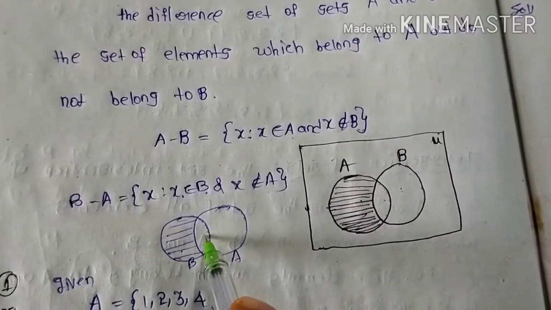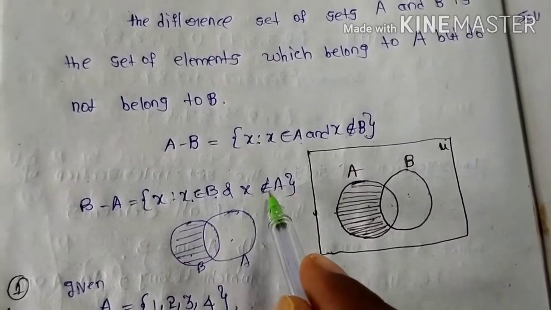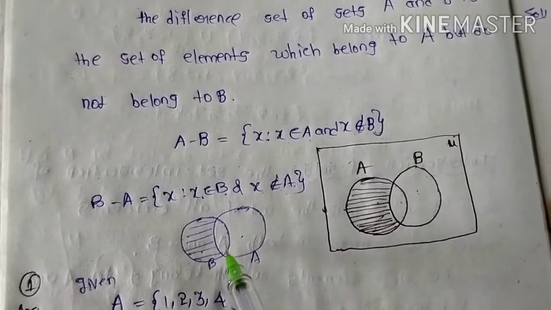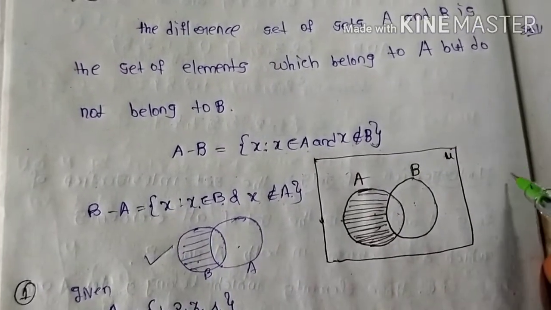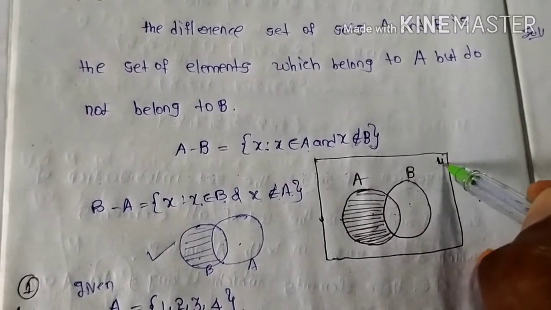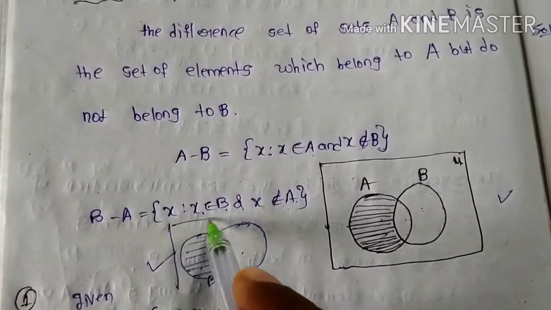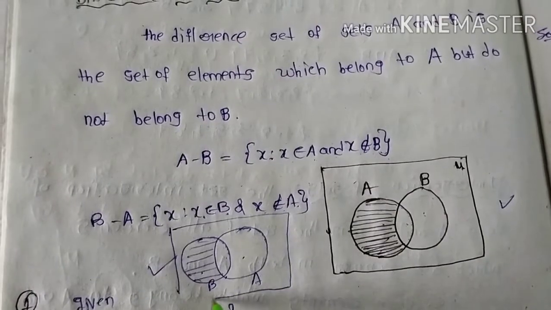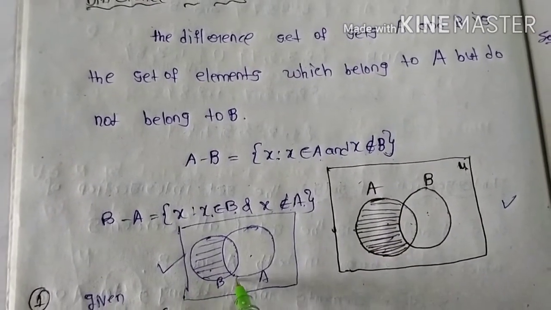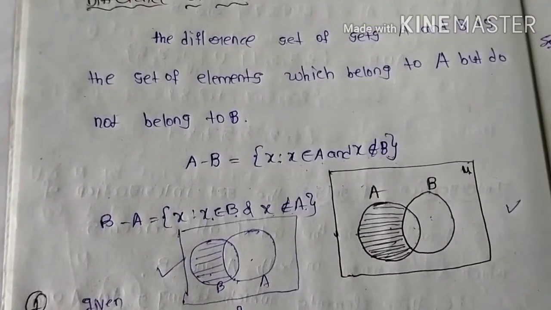Because we will not consider A elements. X does not belong to A, yes or no? This is your B minus A. This will be A minus B. You can consider this is the universal set. If you want, you can take the universal set here also.